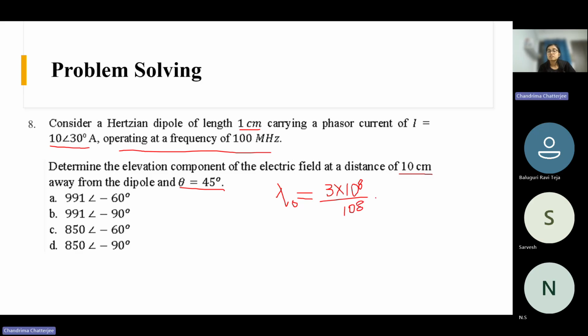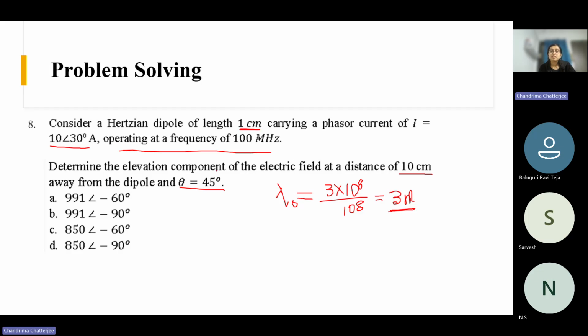The wavelength is 3 meter, right? Here you see that wavelength earlier was 300 meter, but now it is 3 meter and the dipole length is 1 centimeter.